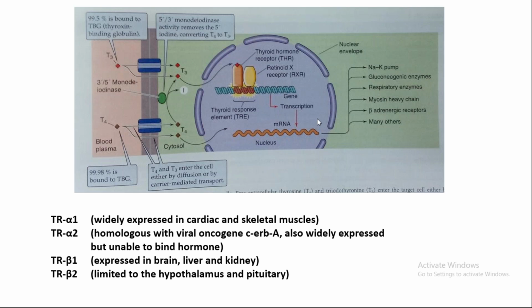Now, how will the thyroid hormone work? The metabolism of the cell depends on oxygen consumption. Oxygen is essential for the phosphorylation of ADP to ATP, which takes place in the mitochondria.